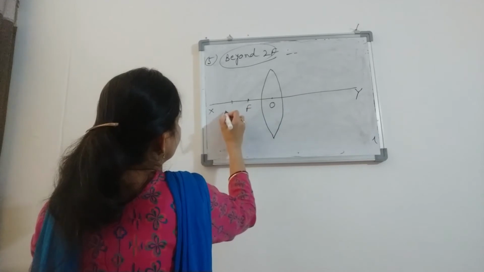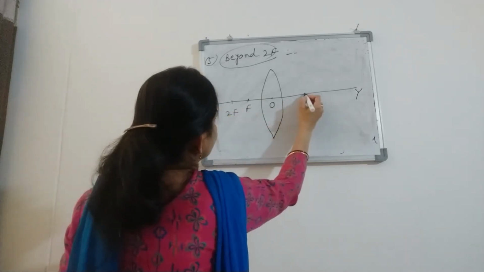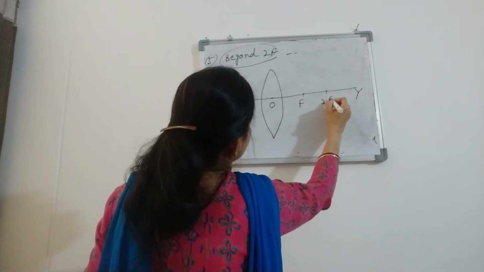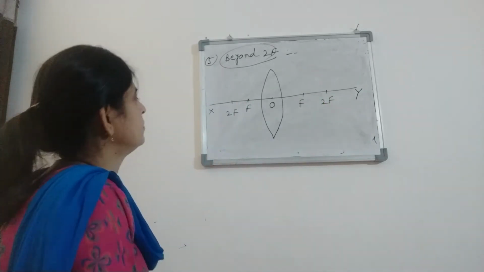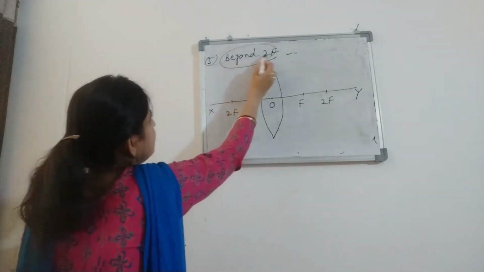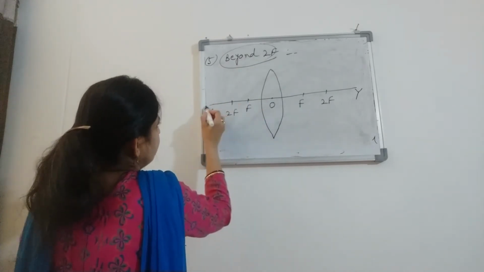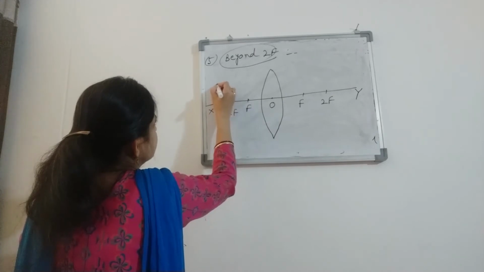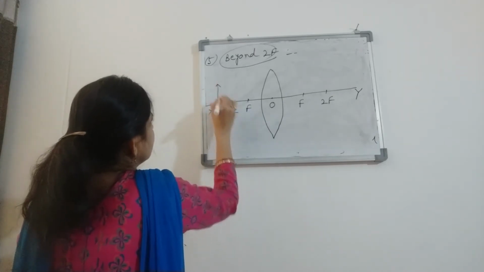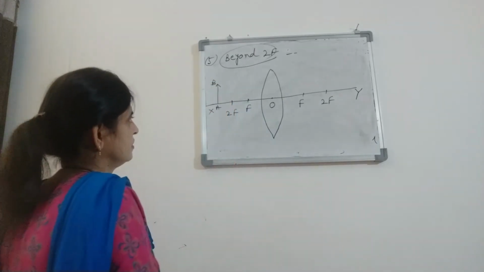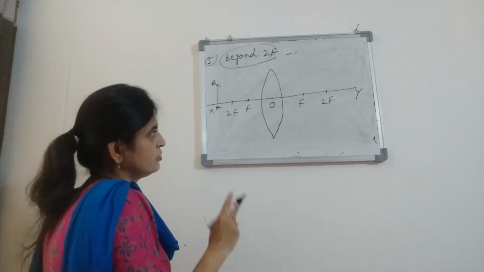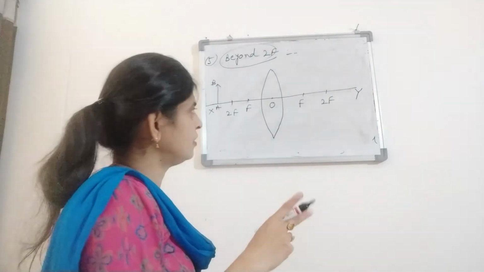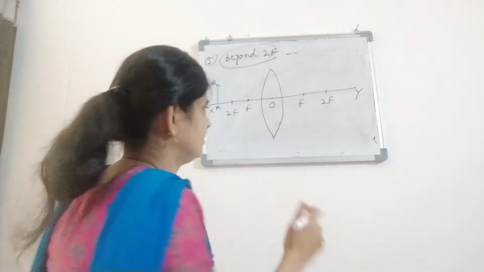F to F, F to F. Now place the object beyond 2F. This is your 2F. So we can place the object here. AB is the object. Now draw two incident rays, or you can find out two refracted rays.